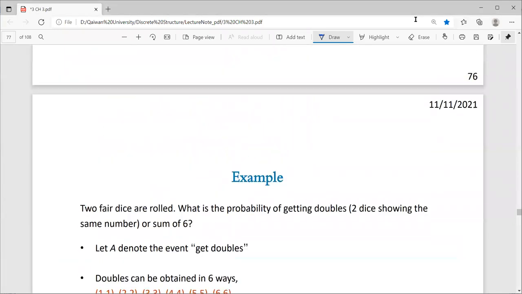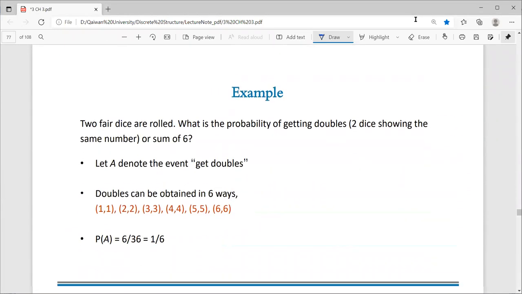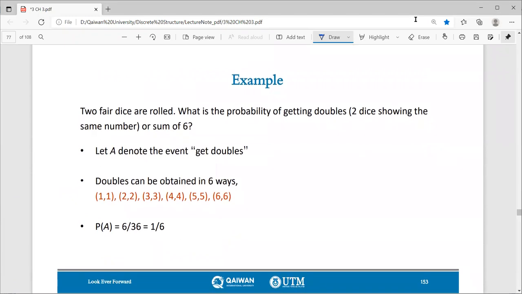We have another example. It says 2 fair dice are rolled. What's the probability of getting doubles? The doubles are 1, 1, 2, 2, 3, 3, and 4, 4. In rolling a dice, we get 6 possibilities from 1 to 6.